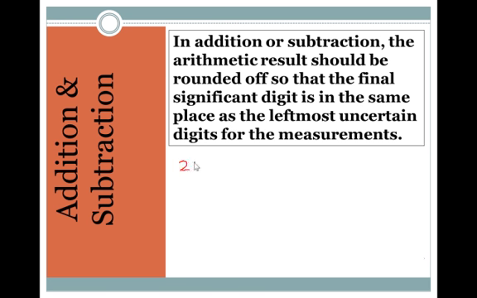Let's take 213.67 centimeters and subtract 98 centimeters. When we do this on our calculator, we're going to come up with a calculator answer of 115.67 centimeters. So this is my math answer. It's not my science answer, it's my math answer.